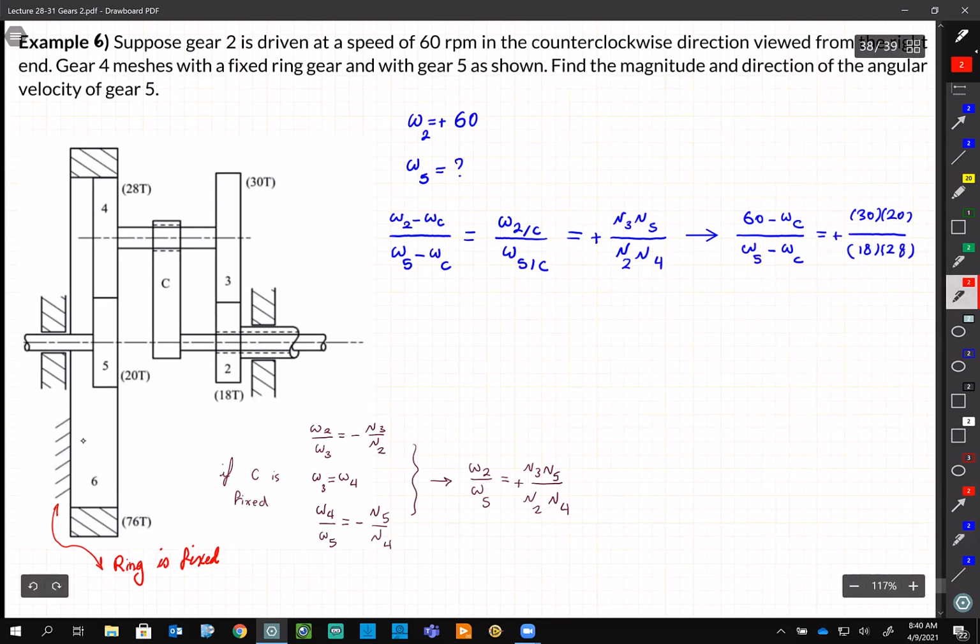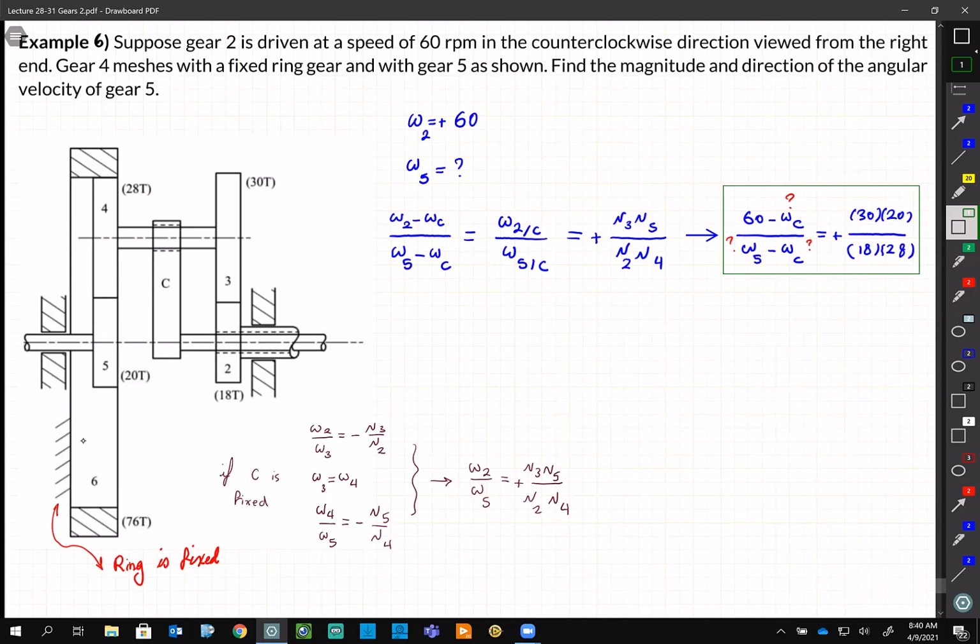What should we do? Any idea? Give it some thought and see what we should do, because we are stuck here, right? That's okay, you can guess anything.